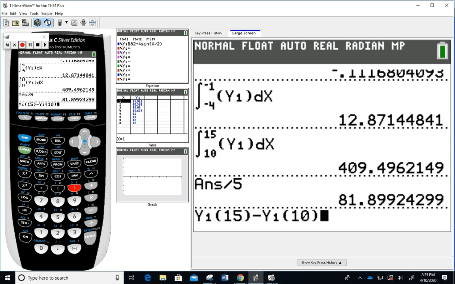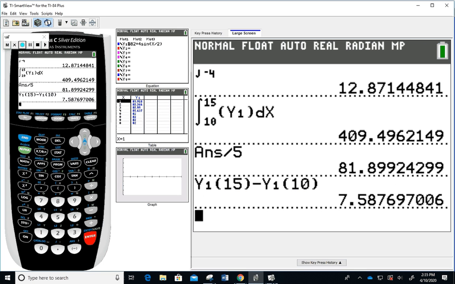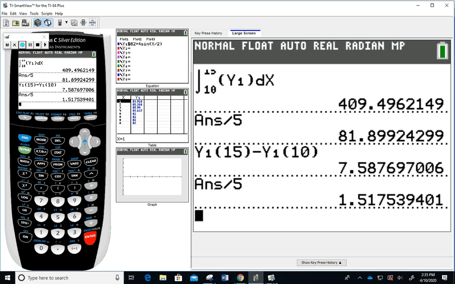Okay, so that gives you your F of 15 minus F of 10. You don't have to do anything else with it. And then remember, that was over 15 minus 10, so over 5. So I'm getting 1.5175.